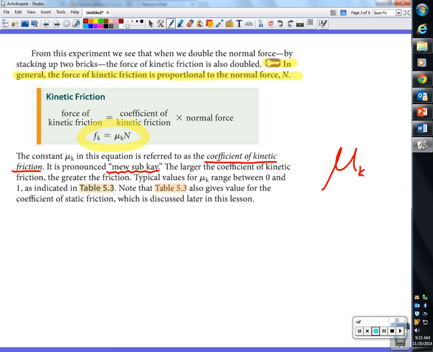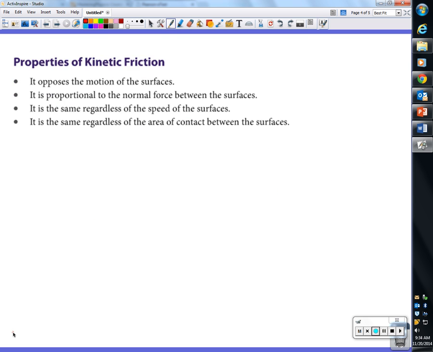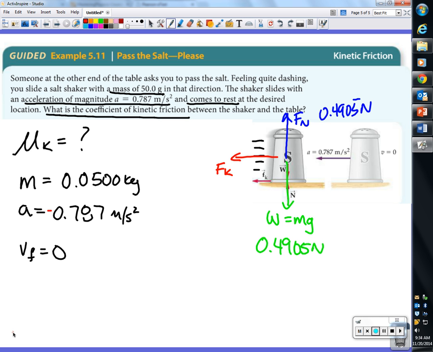The force of friction and the normal force, right? This equation has three terms in it. If we want to solve for one of those terms, we have to know the other two. We already know the normal force, but we have to figure out that frictional force.